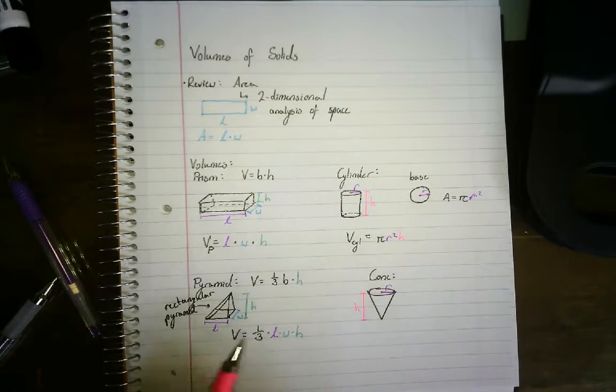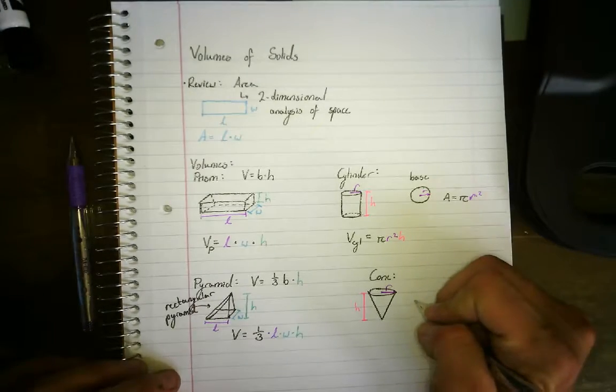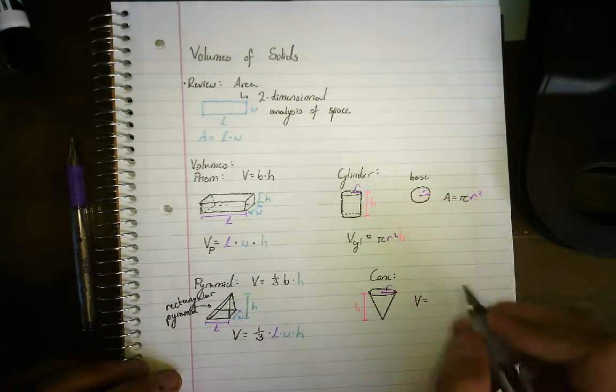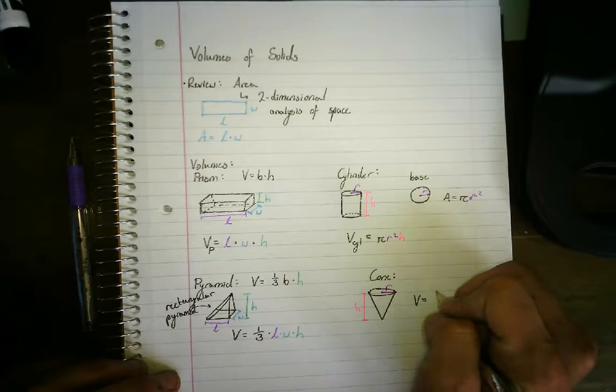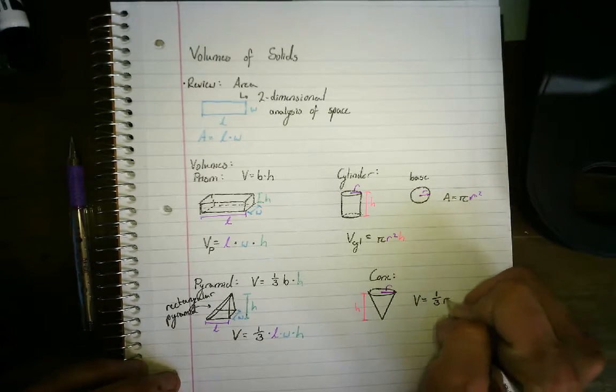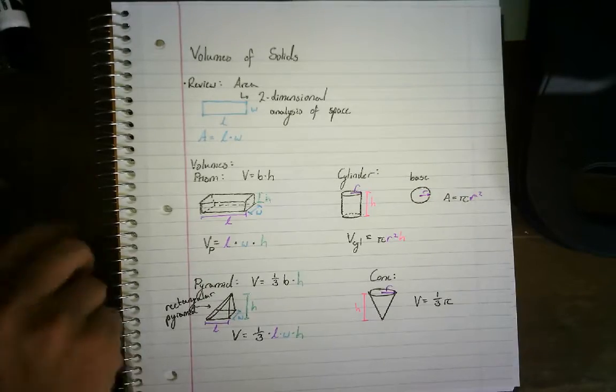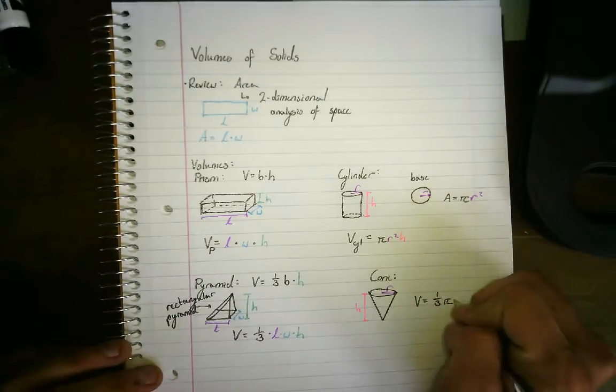Remember, we're not using our slants like in the same way we did our pyramid. Well, we know that the volume in this case is going to be equal to not pi r squared h, but 1/3 pi r squared times the height.